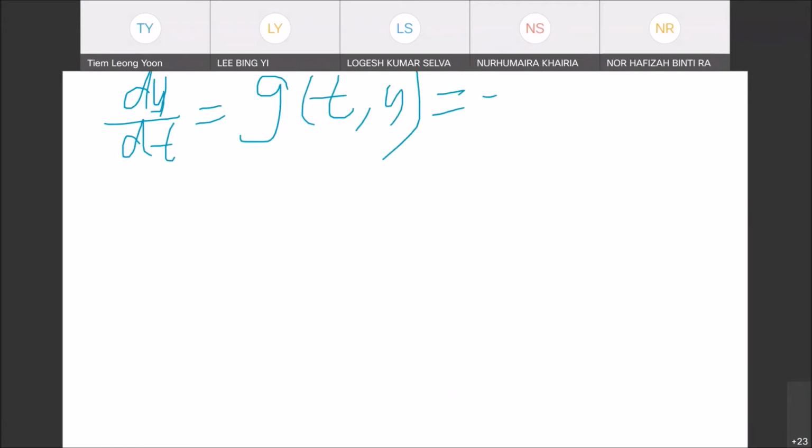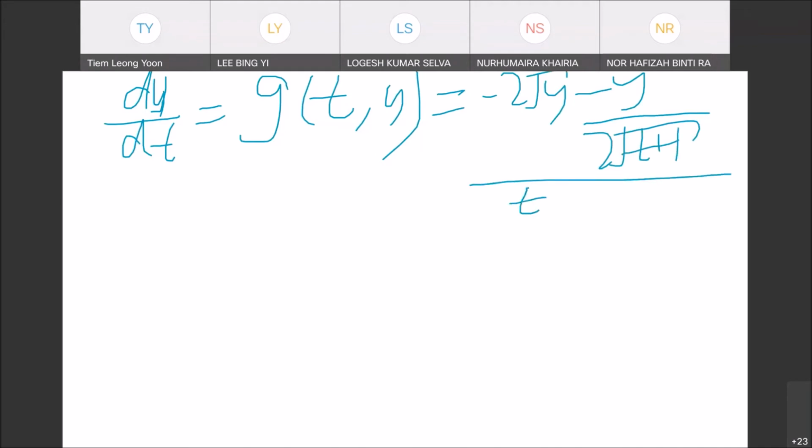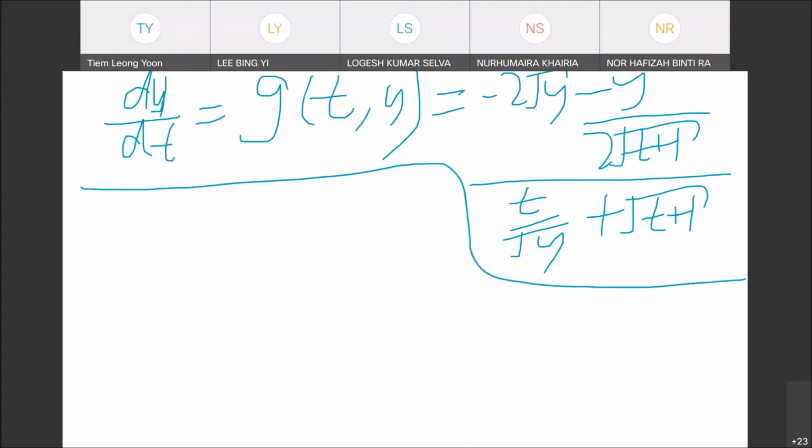It's minus 2 square root of y minus y over 2 square root of t plus 1 divided by t over square root of y plus square root of t plus 1. I might make some stupid mistake, but you can repeat my calculations just to be sure, okay? And then you just correct my calculation.